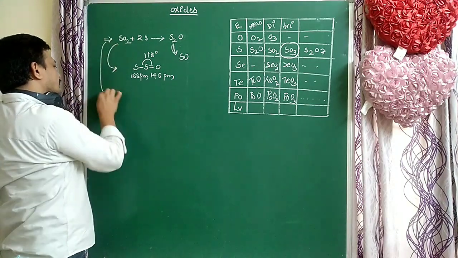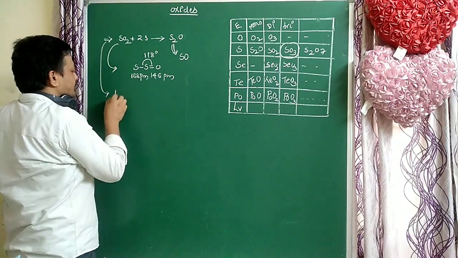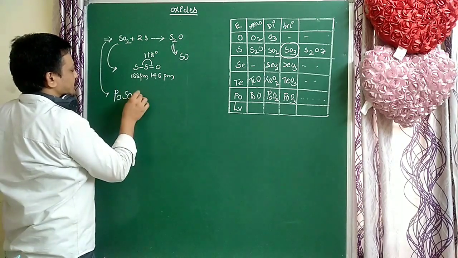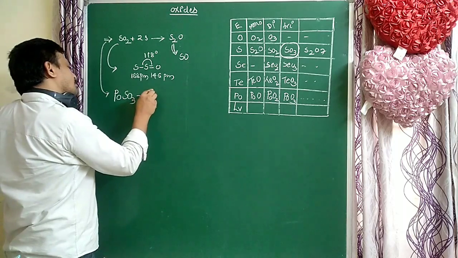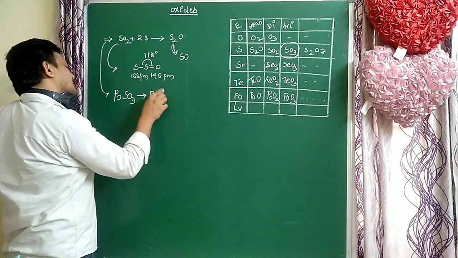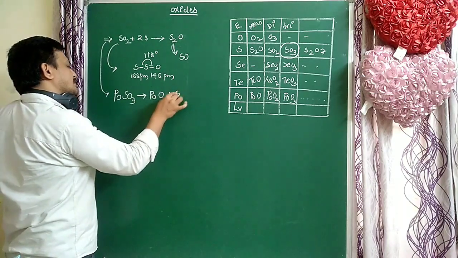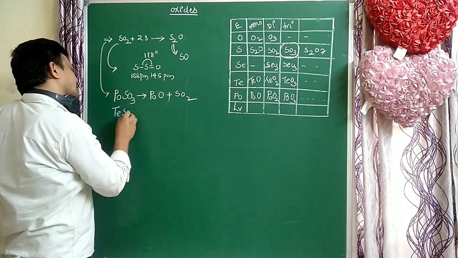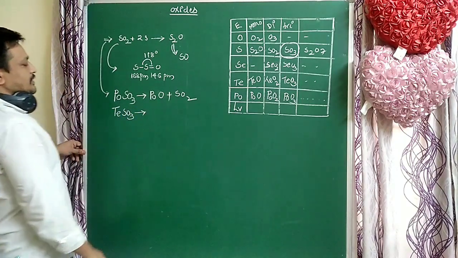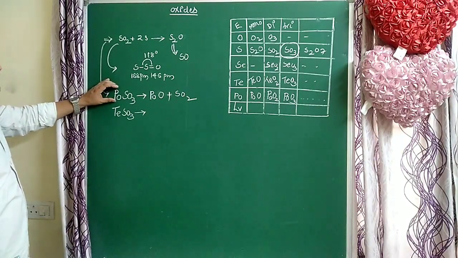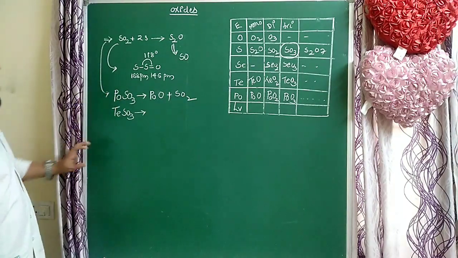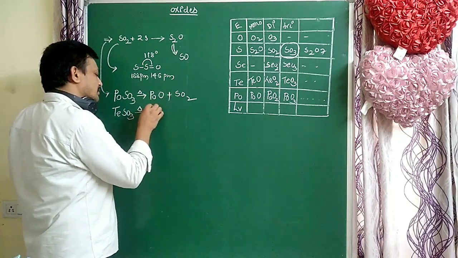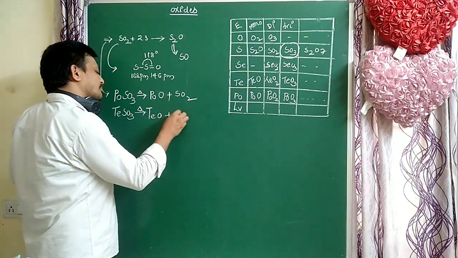The remaining tellurium and polonium monoxides are prepared from polonium sulfite and tellurium sulfite, which decompose to form PoO plus SO2 and tellurium oxide plus SO2.